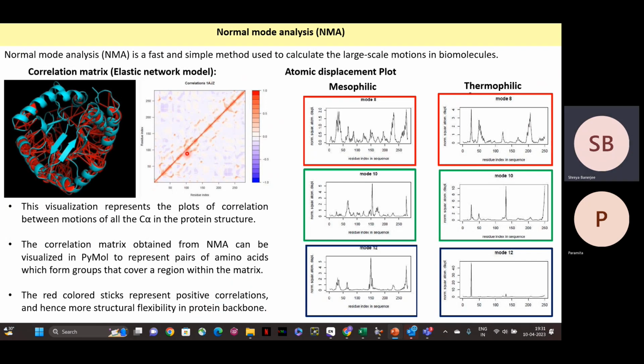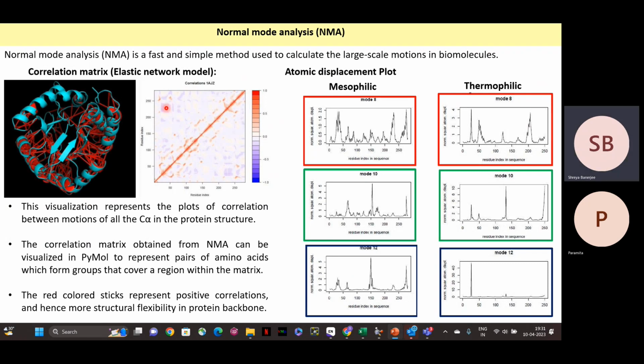If we look at these correlations, it represents different pairs of amino acids. So the same residue number is correlated on the X and Y axis. This red line basically represents that residue 50 in the initial structure corresponds with residue 50 in the structure after the simulations. So residue 50 is not moving much.